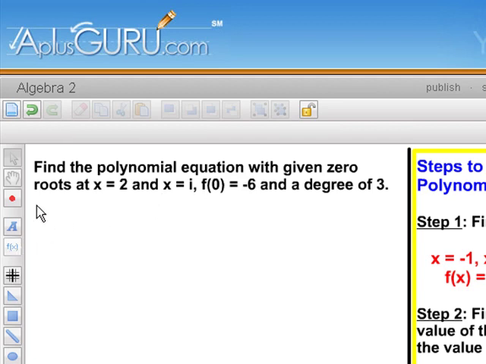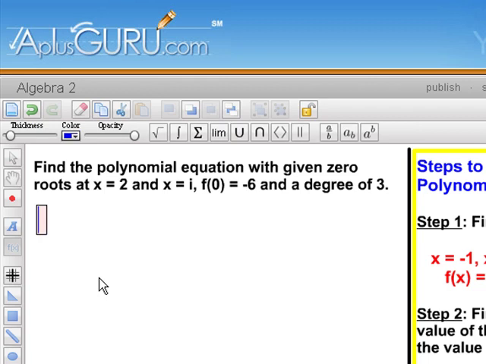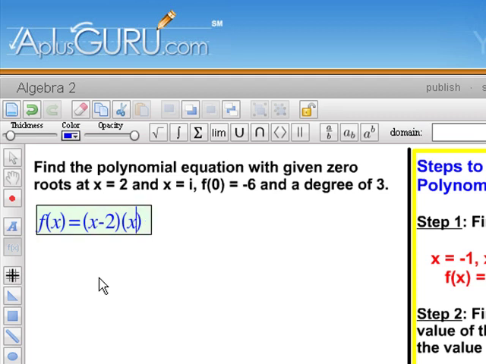So what's going to happen is our factor equation is going to become f of x equals (x minus 2)(x plus i)(x minus i). Okay, now let's simplify the complex part so that we can get the real factors.